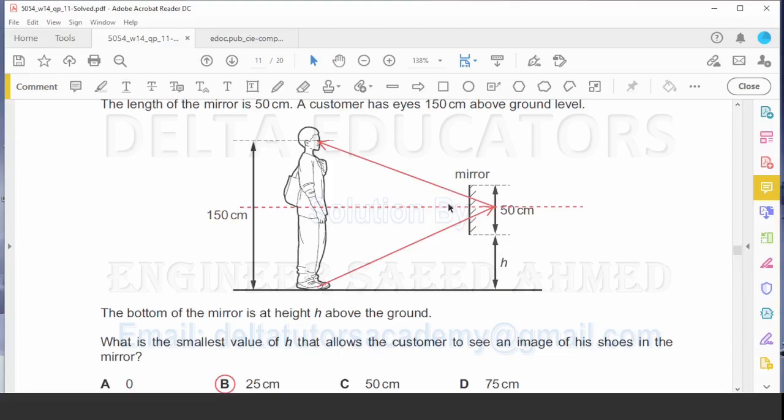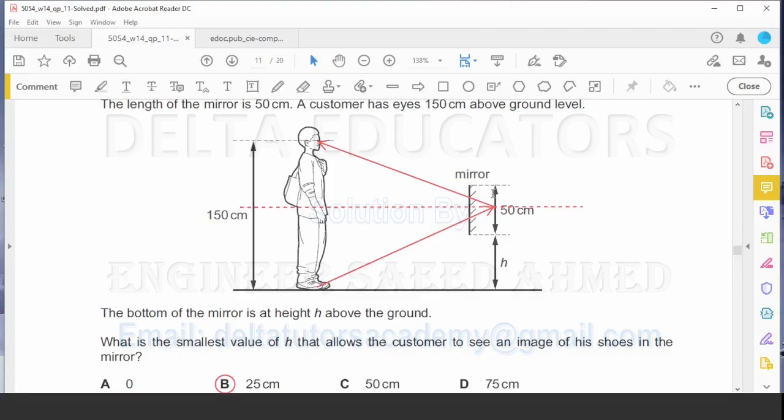Now if these two angles are equal, then this distance and this distance will also be the same. Now here total distance is 150 centimeter. So from this dotted point to his eyes, the distance will be 75 centimeter, and same from the dotted line to the shoes, the distance will also be equal to 75 centimeter.